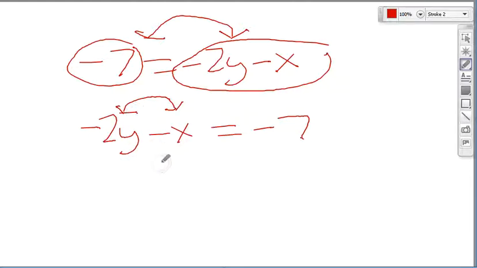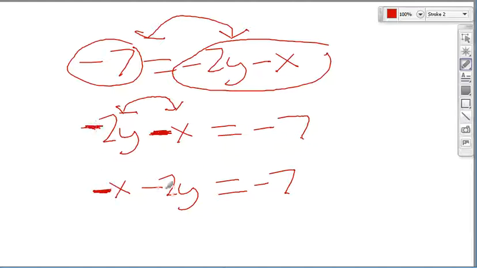All we have to do is rearrange the way we write these. When you rearrange these, make sure that you take the sign that's in front of the term with it. So we need to rewrite this as negative x minus 2y equals negative 7. Notice how there's a minus sign in front of the x. So when I rearrange the order, I made sure to keep that sign in front of the x.